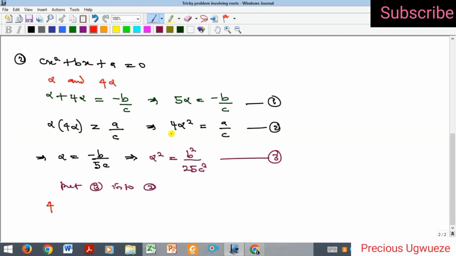and if you do that, we will definitely get 4 alpha squared, and alpha squared has been given to be this, so we'll just replace alpha squared with b squared all over 25c squared. And this is equal to a all over c, and that is going to give us, if you open up this bracket, 4b squared all over 25c squared is equal to a over c.